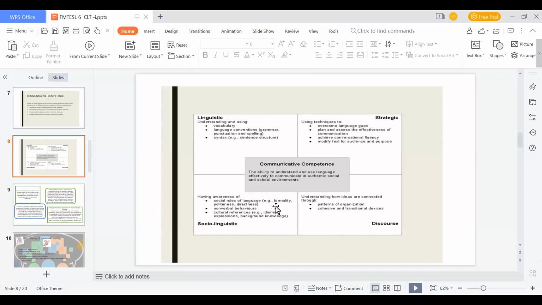Here, sociolinguistic competence. Sociolinguistic competence means having awareness of the social rules of language. Now, formal and informal language. You're talking to your friend, you say hi. You're talking to your boss, or your lecturer.